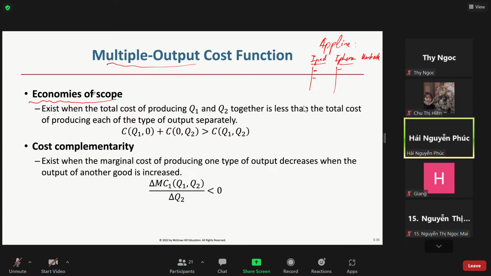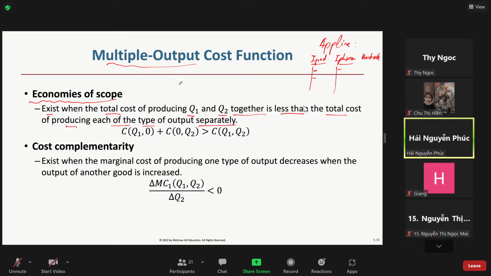Economies of scope exist when the total cost of producing two goods, for example, good 1 and good 2, together or jointly, is less than the total cost of producing each type of output separately.